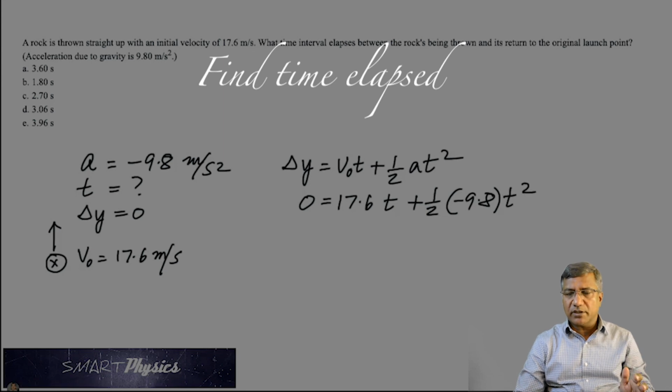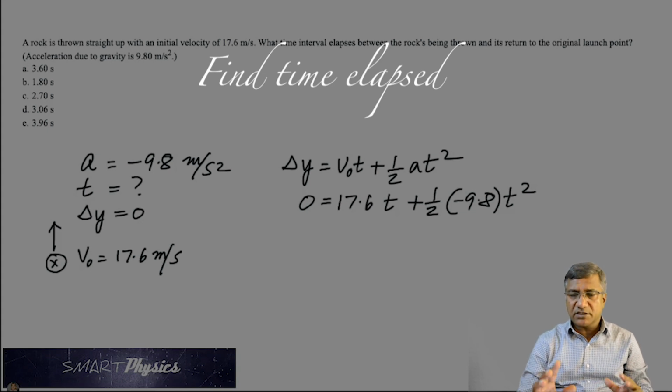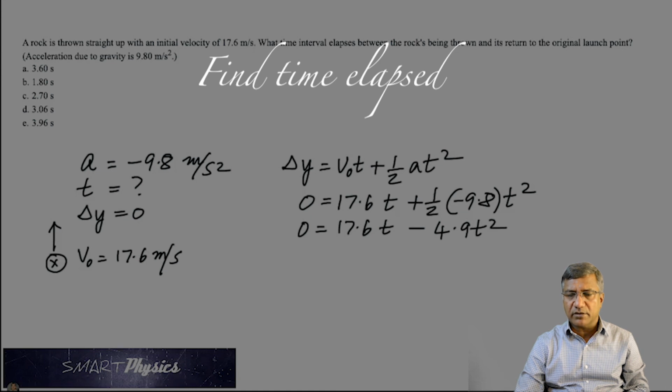So don't panic when you see t and t squared. Don't get worried. Just simplify this. First, 1/2 times negative 9.8 is negative 4.9. So in the next step, nothing else changes except I put negative 4.9 t squared. Okay? Because positive multiplied by negative is negative.